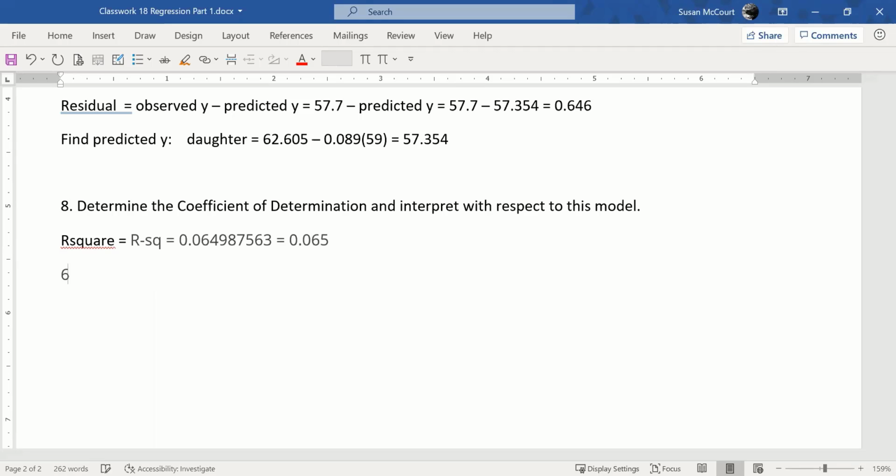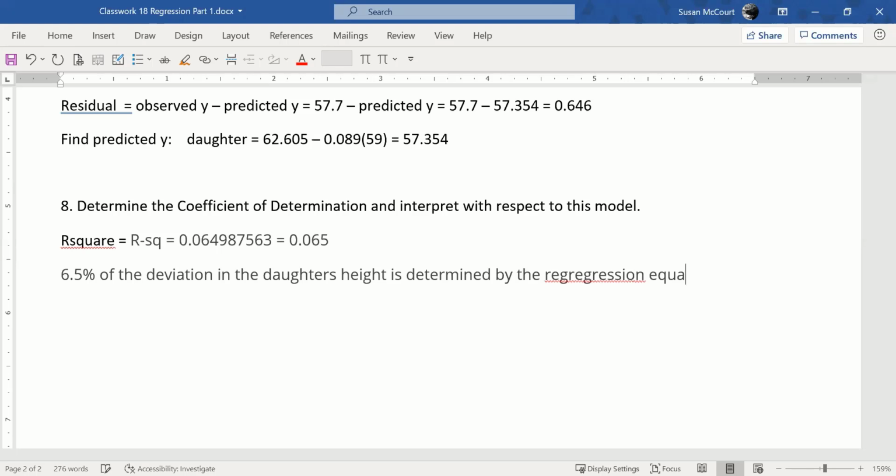That means 6.5% of the deviation in the daughter's height is determined by the regression equation. That's why it's not a good model for regression, since it's only 6% of the deviation.